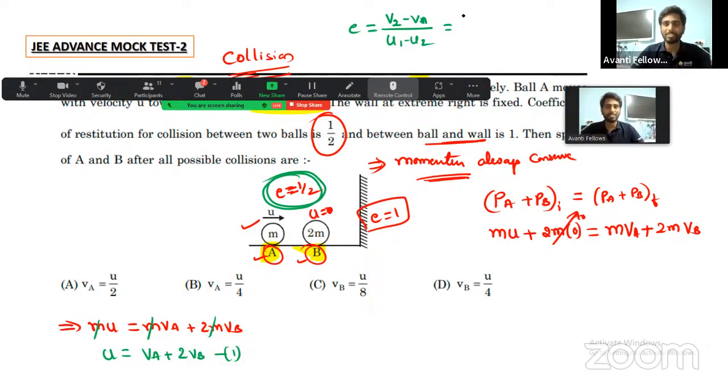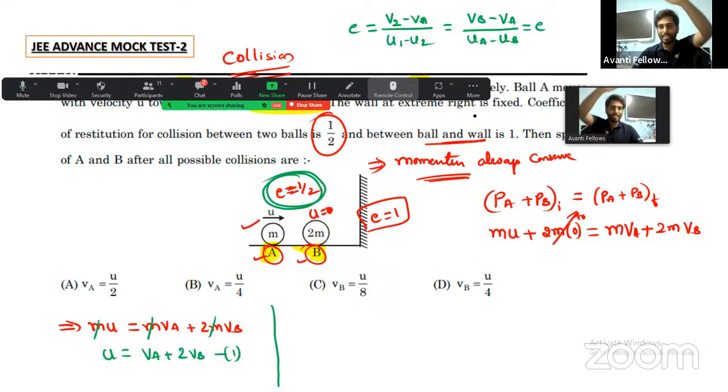Here, according to this situation, it will be VB minus VA divided by UA minus UB. This is called the coefficient of restitution. I will call this equation number 2.